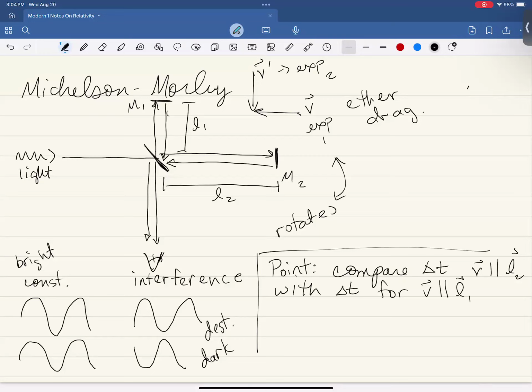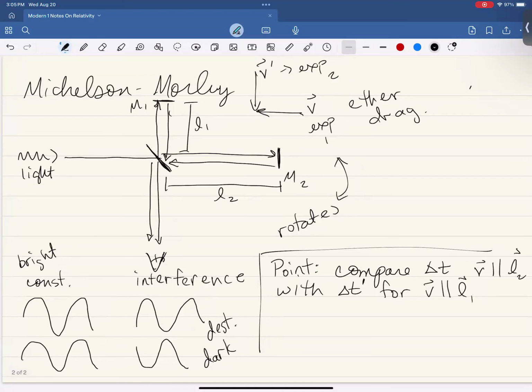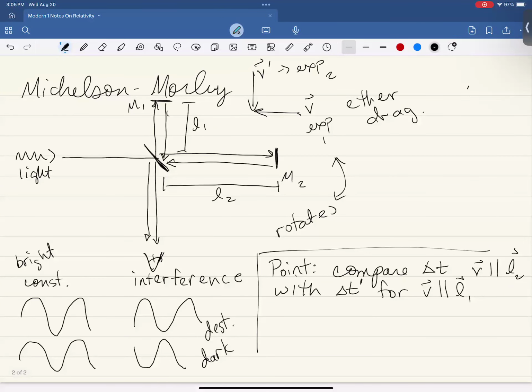So it's either along the M2 line, the ether drag is, or it's along the M1 line, okay? When the ether drag is along the direction of L2, I'm going to call that delta t, and then I'm going to compare the time difference there for delta t prime for V parallel to L1. So we're going to compare those two things, okay?